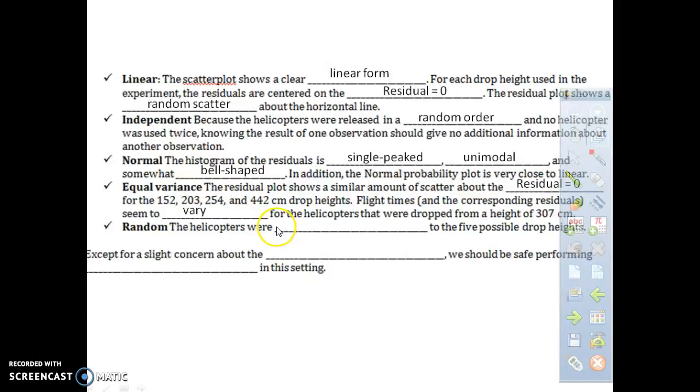However, flight times seem to vary more for the helicopters that were dropped from a height of 307. So that's what we were talking about there. The helicopters were randomly assigned to the 5 possible drop heights. So we're pretty good. I would definitely want to comment on the equal variance, but we should be safe performing inference for regression, and we're going to focus on inference about the slope for this one.